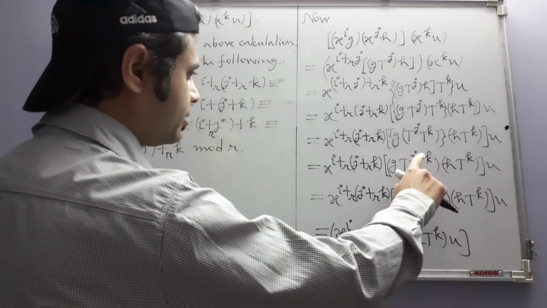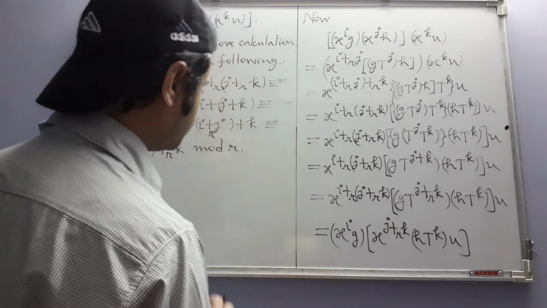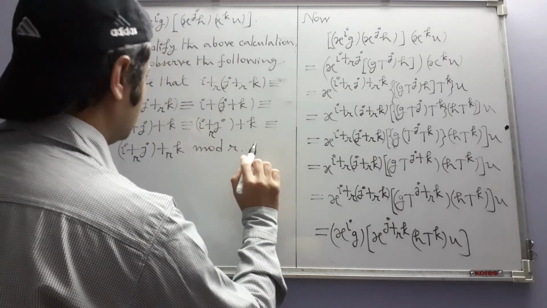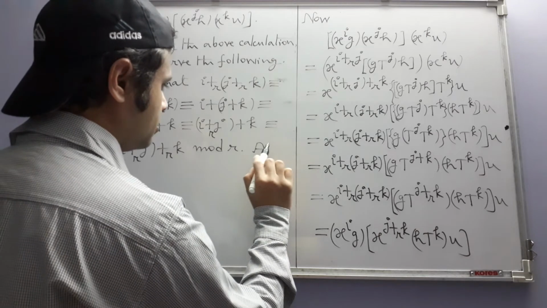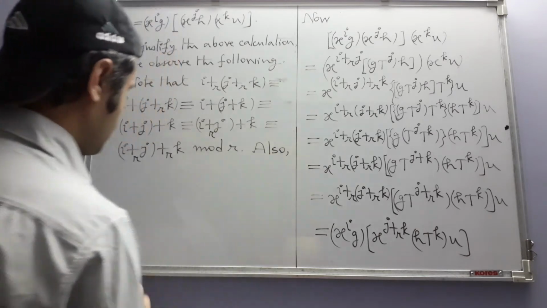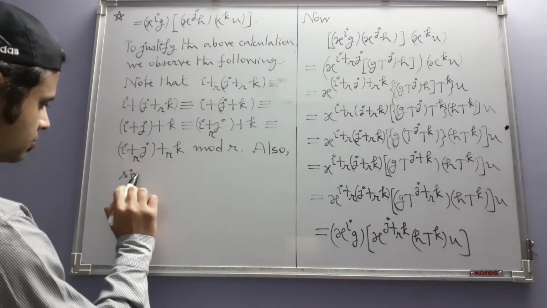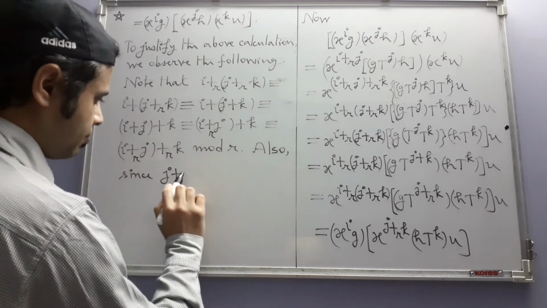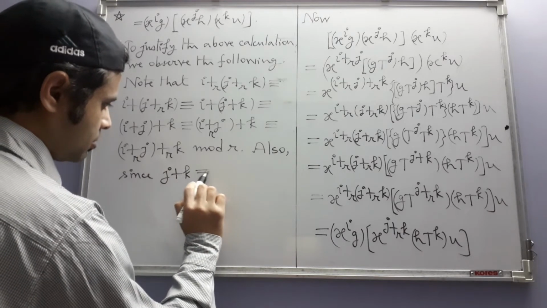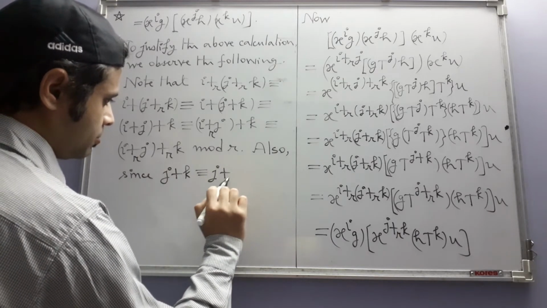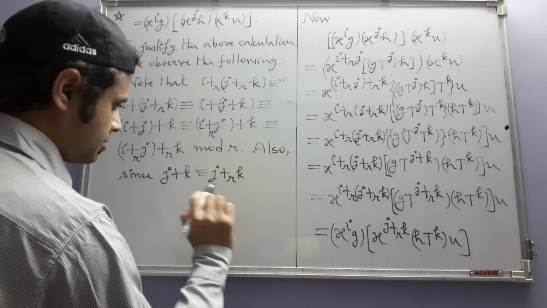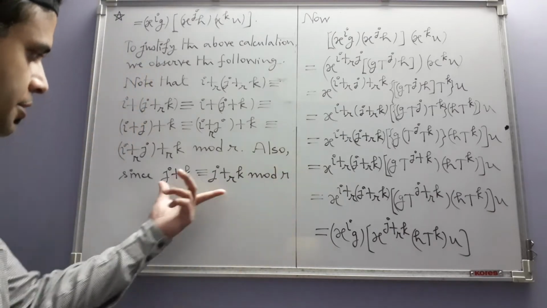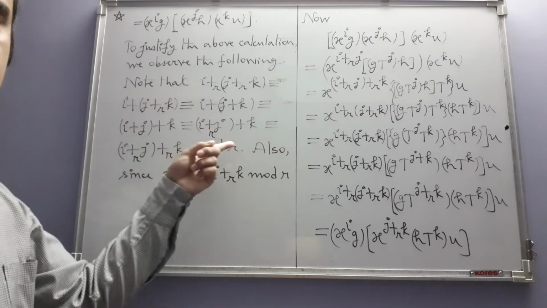And then that J plus K, that thing, also, since J plus K is congruent to J plus RK mod R. In fact, this is what we are using here in these calculations.